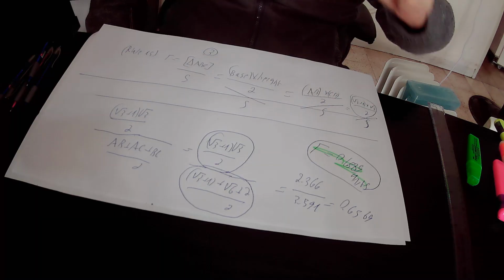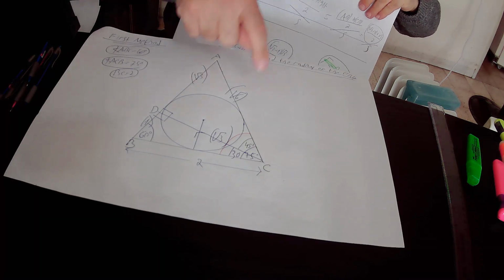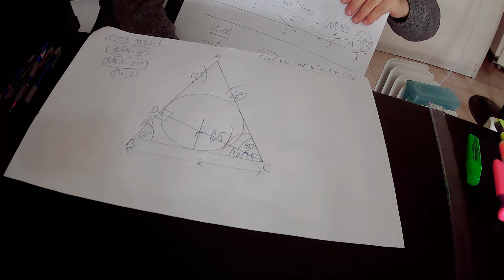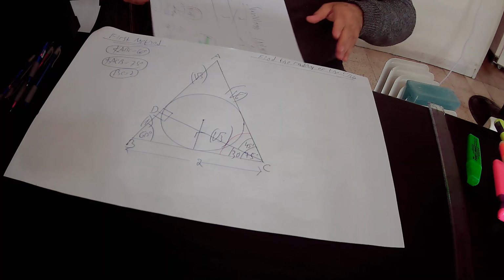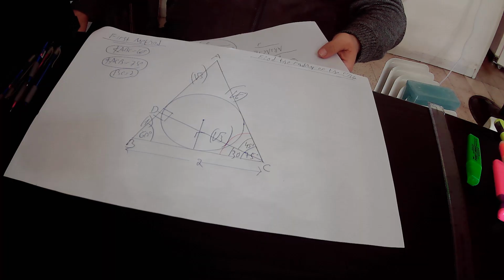In conclusion, we found that the radius R of this circle equals 0.6589 units. In the next step, I presented to you how to find the radius R of this circle according to the second method.